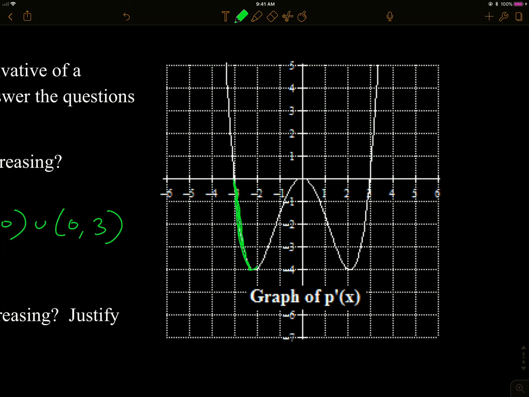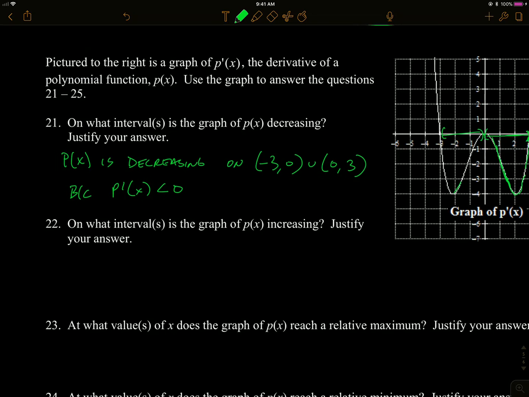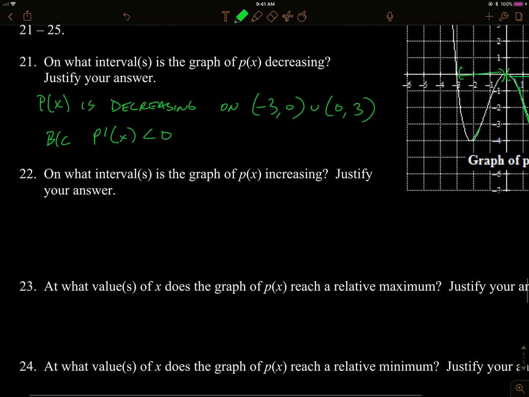Anywhere where it's below the x-axis. So that's all of those spots. It's below the x-axis from -3 to 0, and then again from 0 to 3. I should use open intervals, right? It's not below right at that one spot at 0. It's actually back to 0, so I can't say it's negative. So that's why I have to break that up.